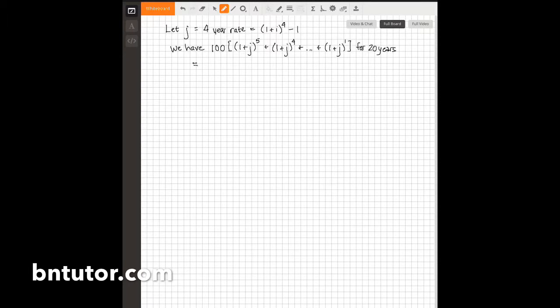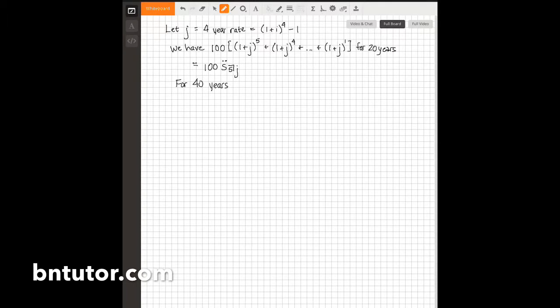We'll use an actuarial symbol for this of S double dot, since we're talking about an annuity due with payments made at the beginning of a period. 100 times S double dot J for 5 years.